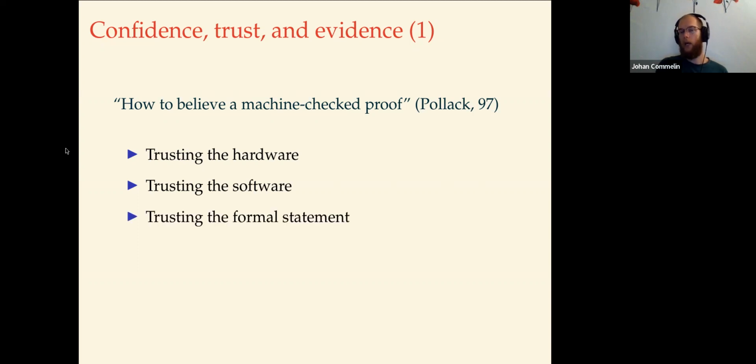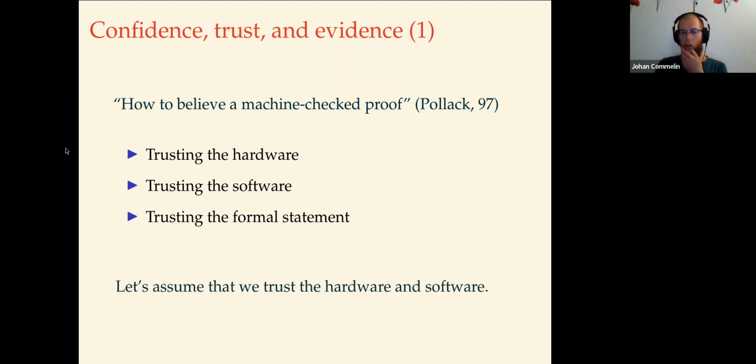The problem is, how do you trust the formal statement? How do you know that the statement that we wrote down in Lean actually matches what is written on paper? And right, so from now on, I'll just assume that we trust the hardware and the software.